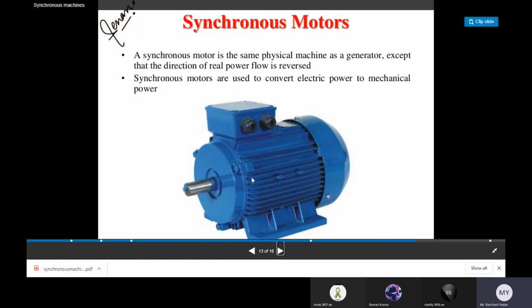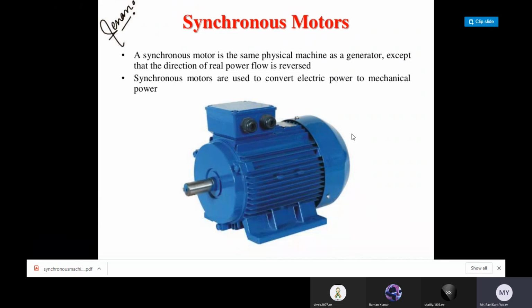And if we look at a practical view of the synchronous motor, it looks like that. A synchronous motor is the same physical machine as a generator, except the direction of real power flow is reversed. Real power flows in the reverse direction in the synchronous machine, and all remaining things are the same. Synchronous motors are used to convert electrical power to mechanical power, and they are designed for larger power.